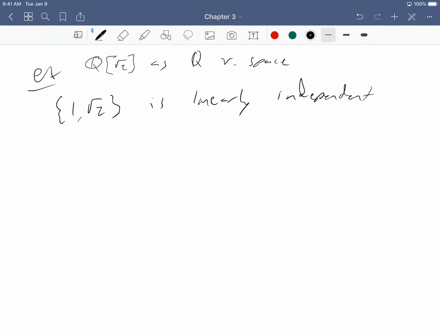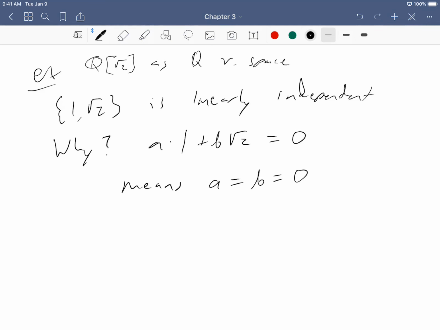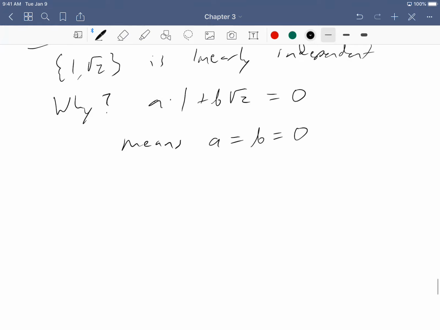Why? If we have A times 1 plus B root 2, and that is 0, this was actually a homework problem that you did. If A plus B root 2 is 0, you showed the only solution was if A is 0 and B is 0.